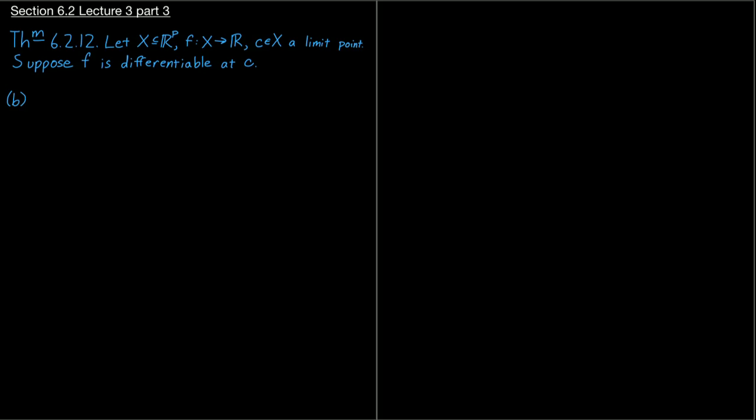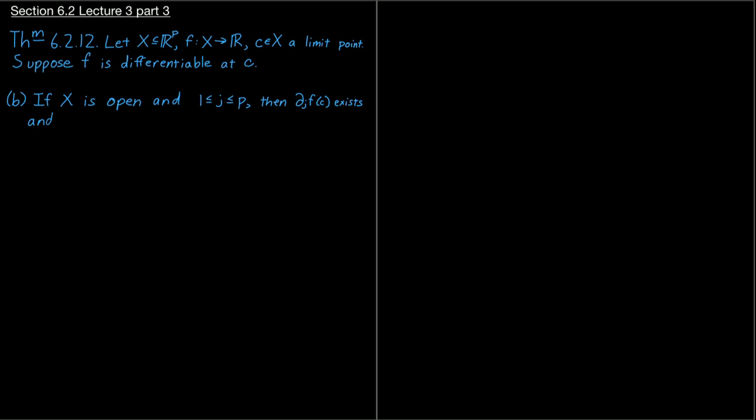So now let's move on to part B. If X is open and j is between 1 and p, then partial j f of c exists.